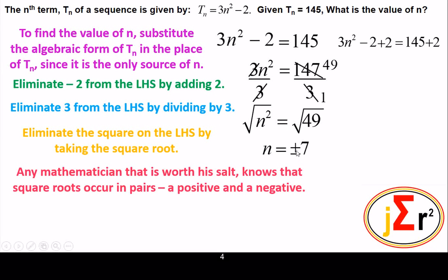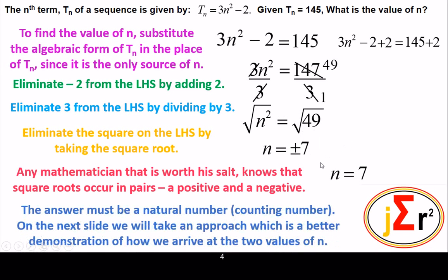It might not be that obvious, but if we square a positive 7, we get a positive 49. And if we square a negative 7, we will get a positive 49. So n is equal to 7. Of course, we are taking the positive square root. Why are we eliminating the negative 1?